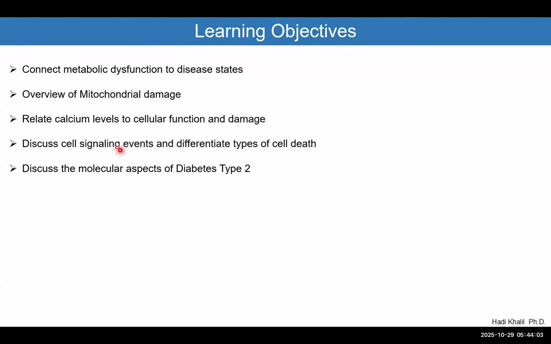We will discuss cell signaling pathways, events that differentiate the different types of cell death. And the way I'm going through these different types of cell death is not really just to state them. It will be mentioned throughout the slides. Like if we have a type of cell death that is related to a particular event, then we will describe it in a slide next to it. And finally, the type 2 diabetes. I hope we'll have time to get to that point.